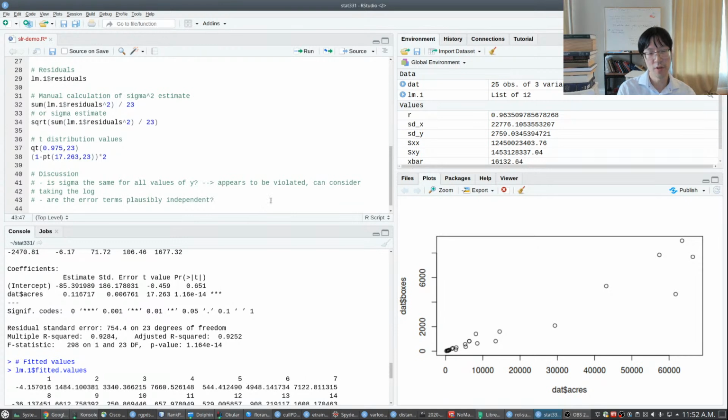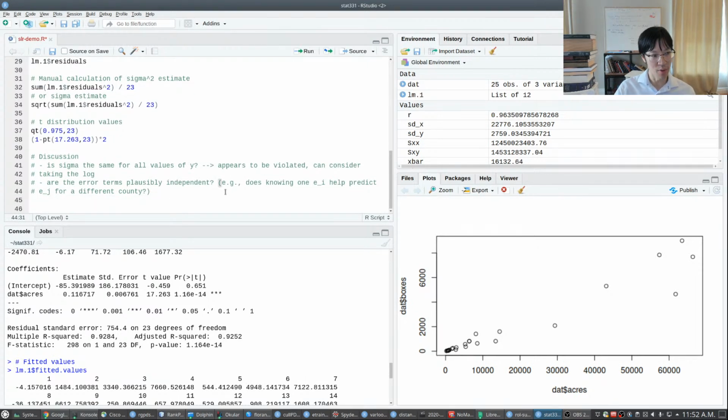In other words, if we know one of the residuals, does that give us information about any of the other residuals? Does knowing one e sub i help predict e sub j for a different county? Okay, so that's what we mean.